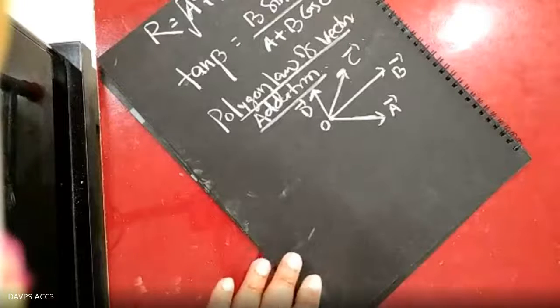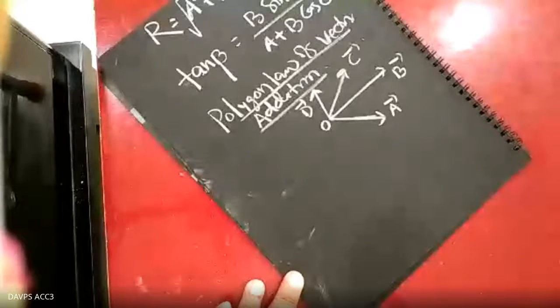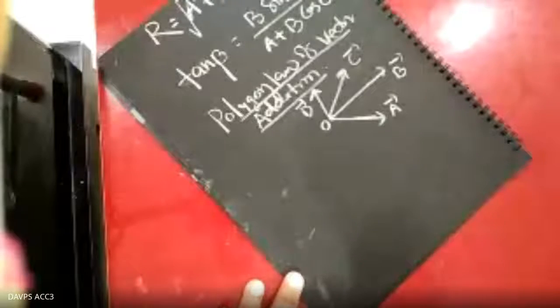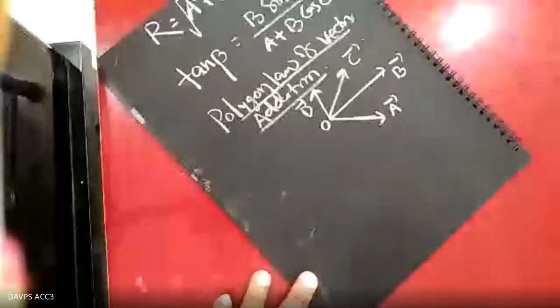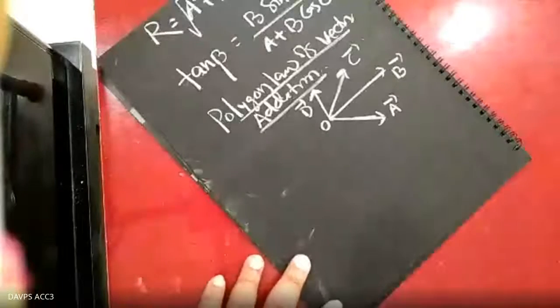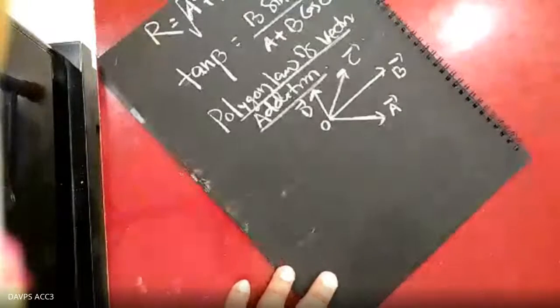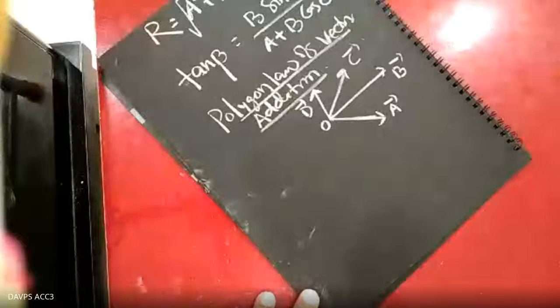Means if all the vectors are represented by the sides of an open polygon, the important thing is that if all the vectors are represented by the sides of an open polygon taken in same order, then the closing side taken in opposite order represents their resultant.